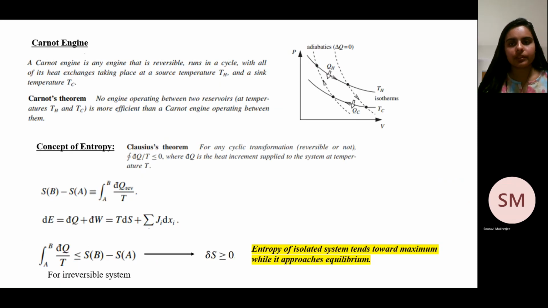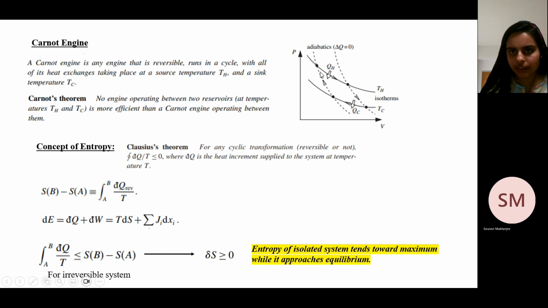From the second law comes the concept of a Carnot engine, which is an engine that is reversible and runs in a cycle, with all of its exchanges taking place between a source temperature and a sink temperature.